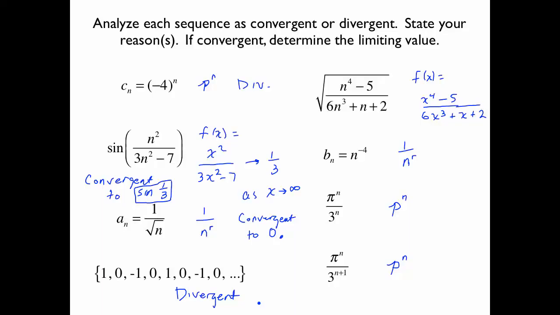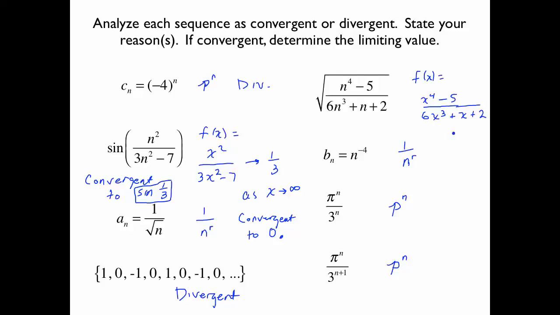So we can look at that interior argument as a rational function. What does that function do as x grows infinitely or very big? Here we have x to the 4th as our leading term over 6x cubed as our leading term. So that will do what as x increases without bound? That will also increase without bound, right?